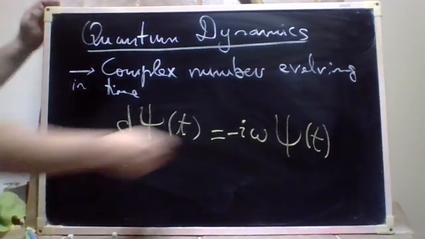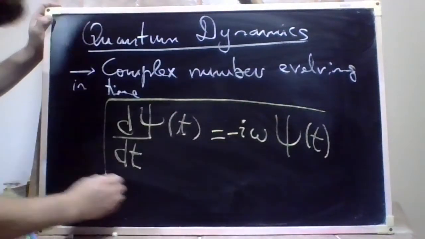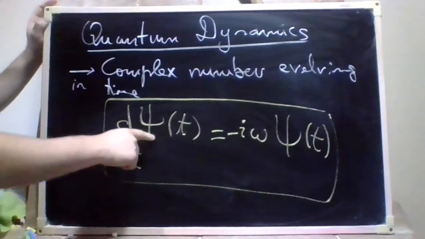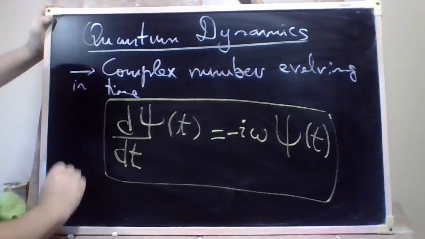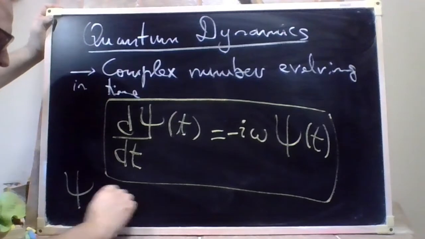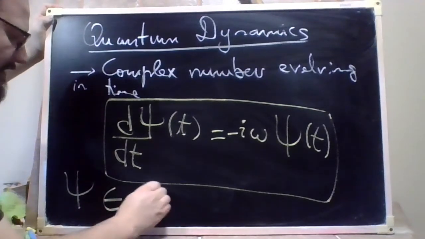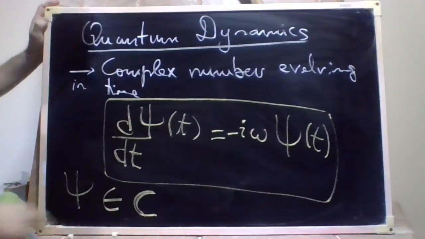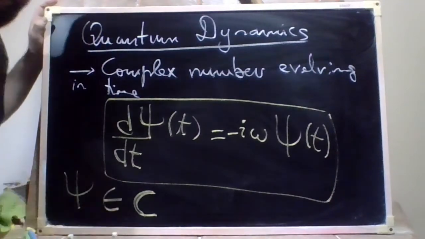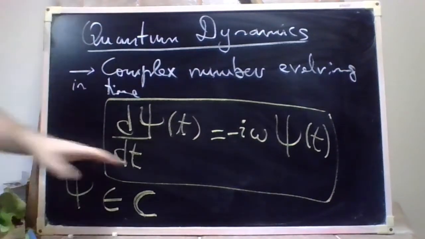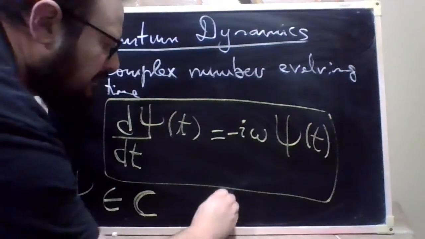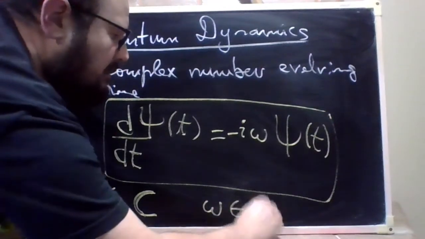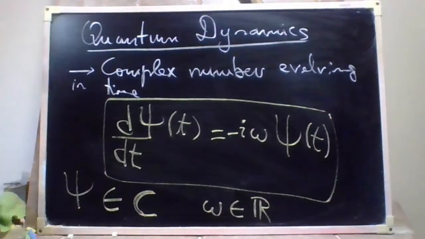So I want to solve this equation here, this form of equation. Suppose this is just a complex number. So psi is in the set of the complex numbers, and omega is just a real number for now. All right, it's just real.